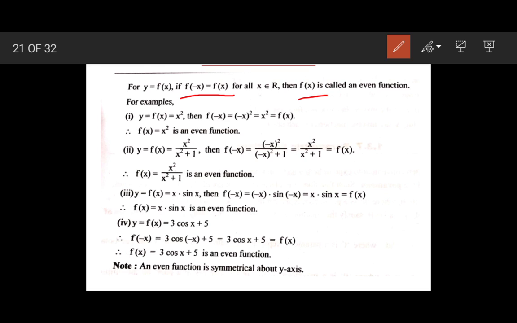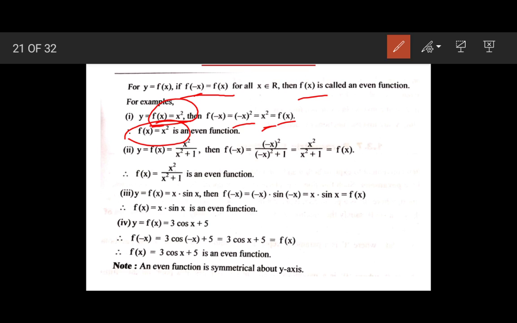For example, if f of x is given as x square, to check whether this is an even function or not, what do I have to do? I have to replace this x by minus x. Then what will I get? I will get minus x square. Minus x square is again x square, right? And this x square is f of x. So finally what am I getting? I am getting f of minus x as f of x, right?